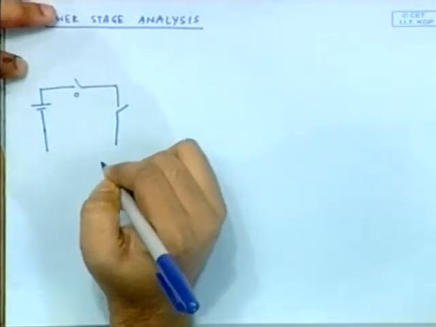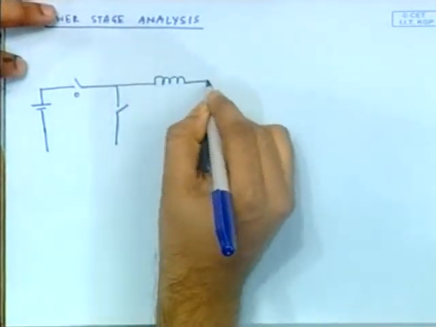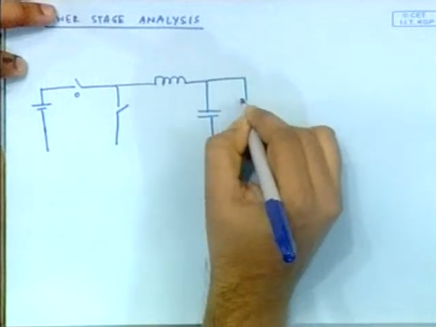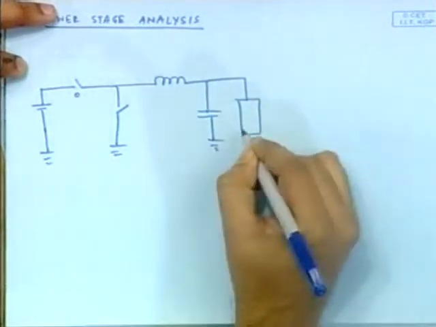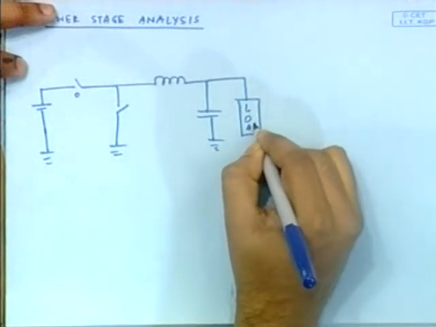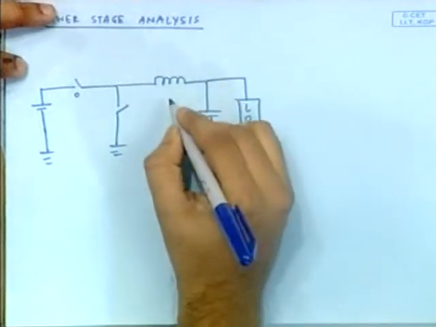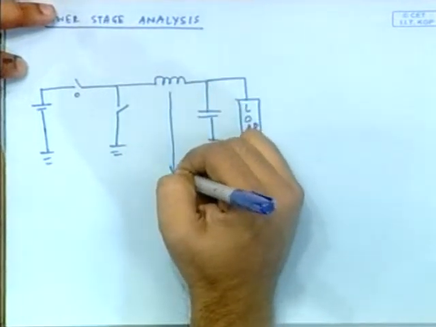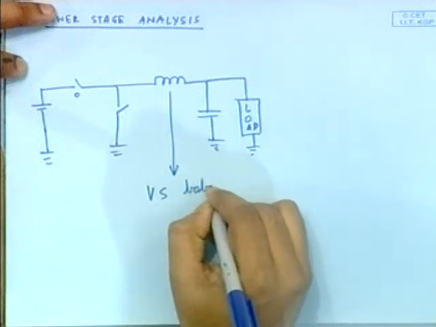So these two are complementary in nature, and then we have the load. Right, so the nature of the inductor is volt second balance. What does this mean?